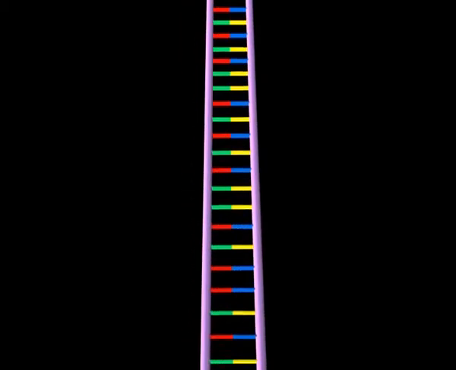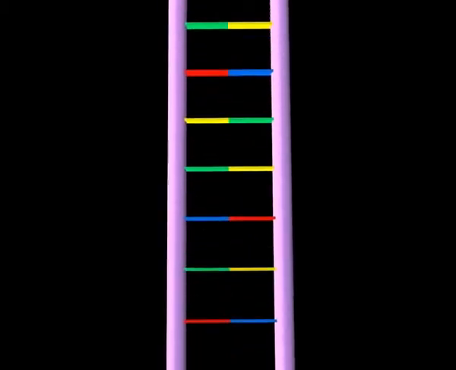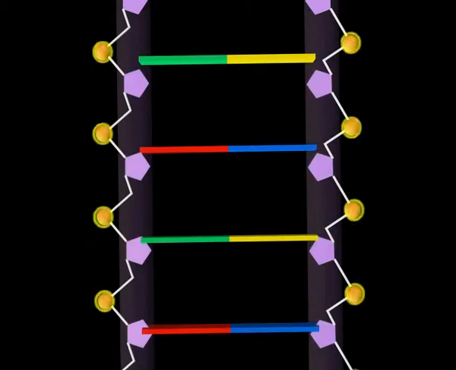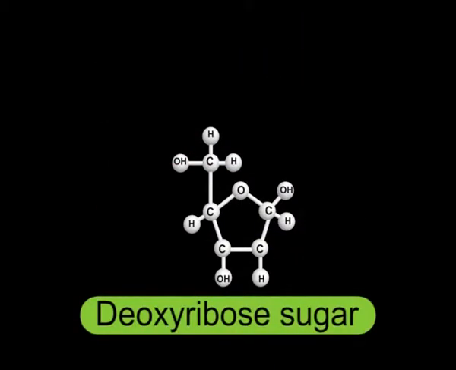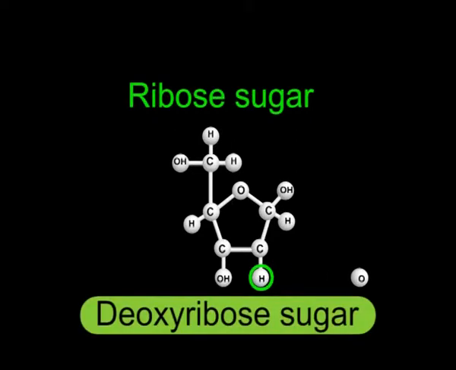Backbone of DNA is formed by repeated pattern of pentose sugar and phosphate. As its name indicates, DNA contains deoxyribose sugar. Deoxyribose sugar is formed by the loss of an oxygen atom from the ribose sugar.